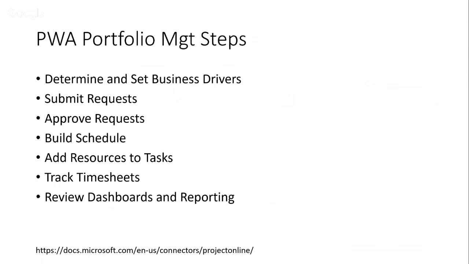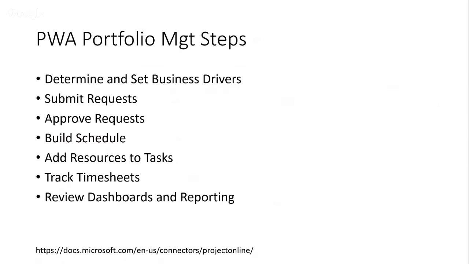This means that, as opposed to just managing projects, you're actually managing how you decide what projects to do and when. It gives you an opportunity to drive your project prioritization and your project delivery based on what's important to your business, as well as what availability you have from a resource perspective.